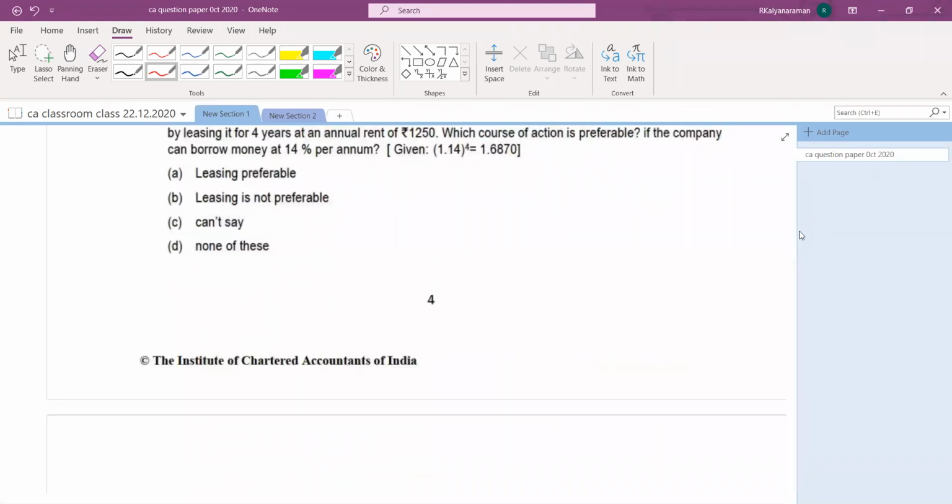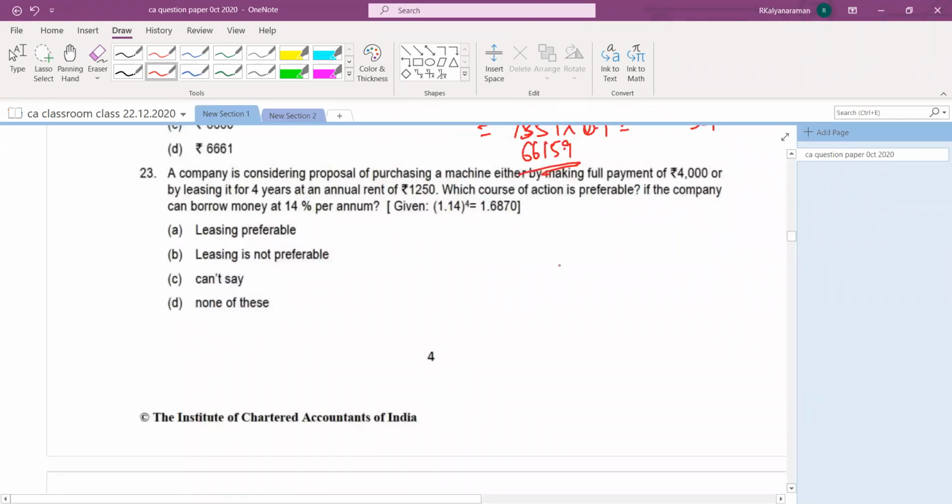The company is considering a proposal of either making full payment of 4,000 or leasing it for 4 years at an annual rate of 1,250. Which course of action is preferable, if the company can borrow at 14% per annum?